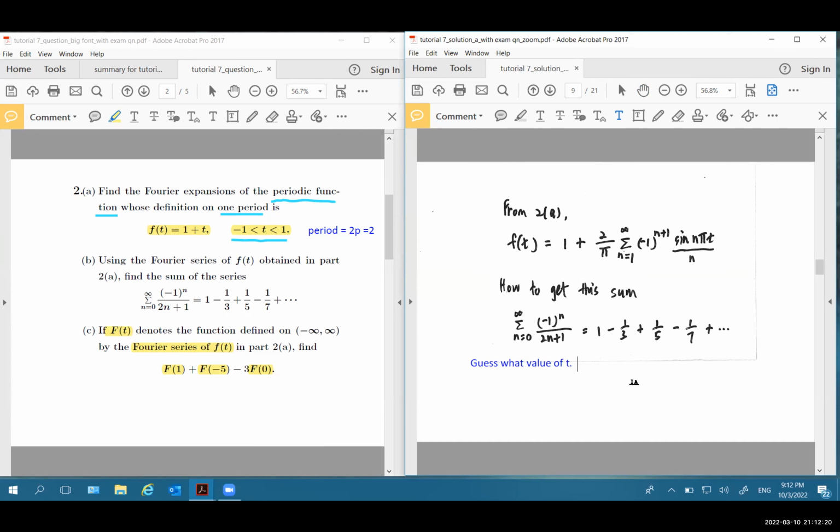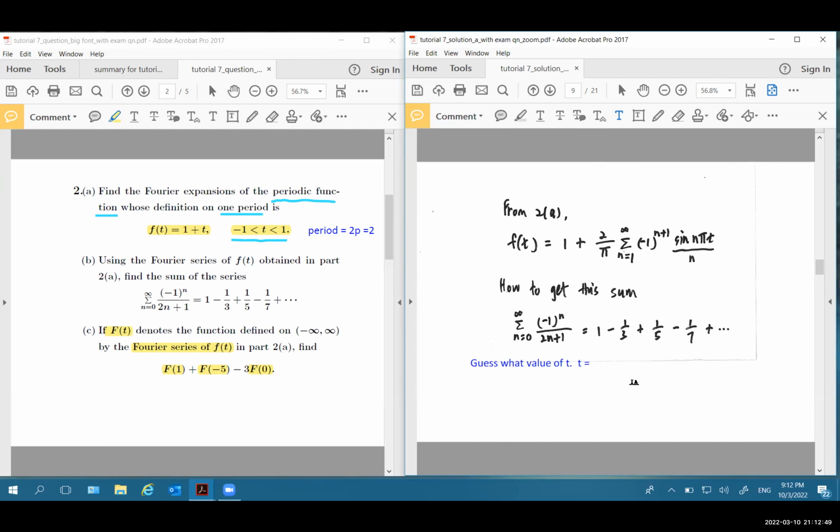Do you think t can be something like that? Do you think this will be the correct value? Of course not, because if the value is this, then no one can guess. So surely the value must be quite a nice number.